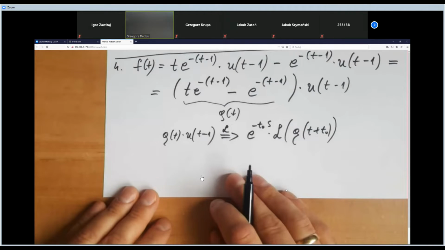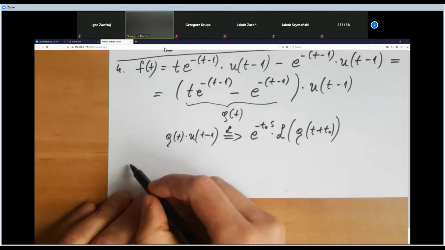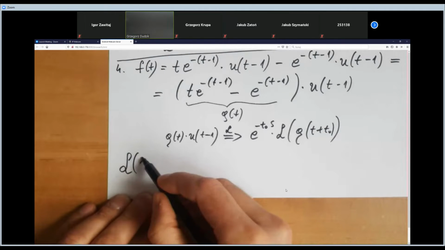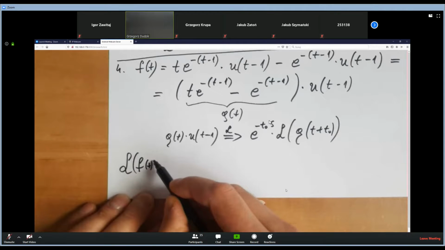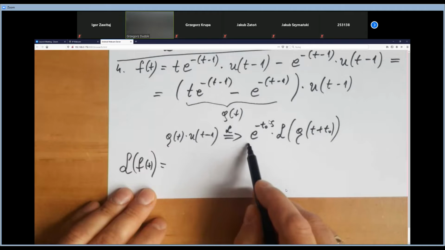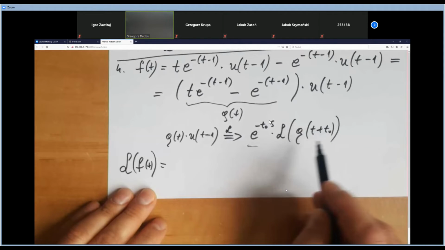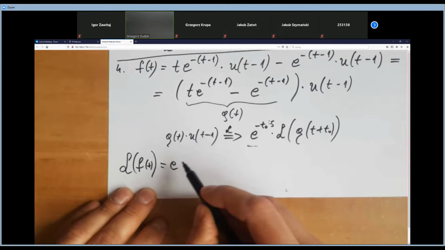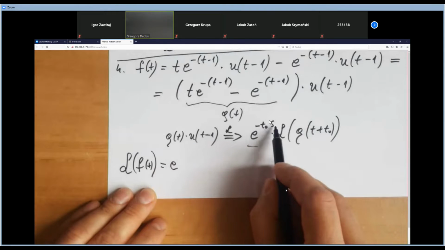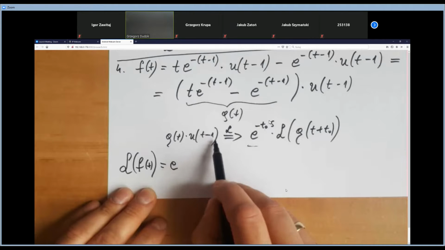So what do we have to do? The Laplace transform of the total f(t) function will be equal to this expression. So this is equal to e to the power of minus t0 s. In our case, this is our t0. How many is it?